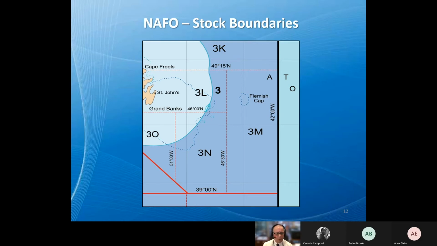So we may have, for instance, 3 cod stocks that are delimited by area. 3M, which is a totally discrete stock on the Flemish Cap. 3L, which is the Northern Grand Banks. 3NO, which is the Southern Grand Banks. And for the other species that NAFO manages, they are divided amongst the various sub-areas. So this is a classic situation where area-based management tools are used.